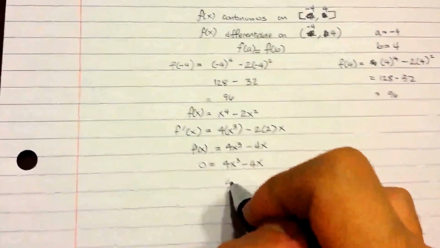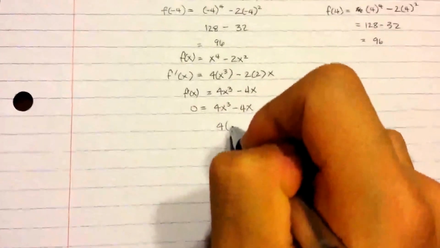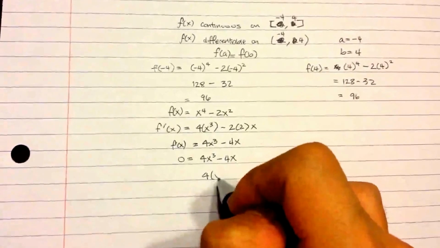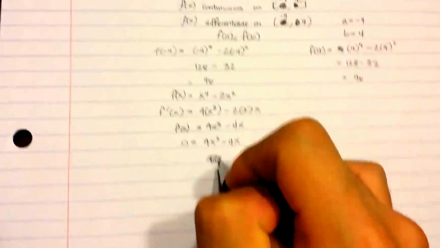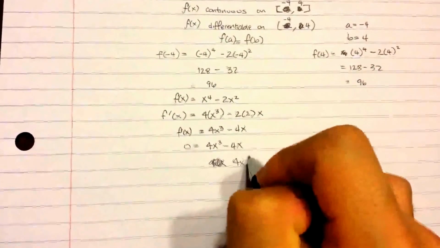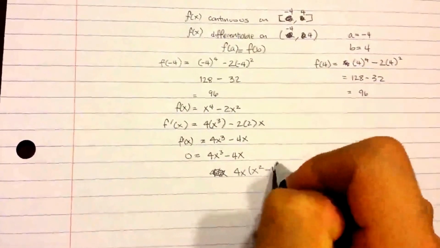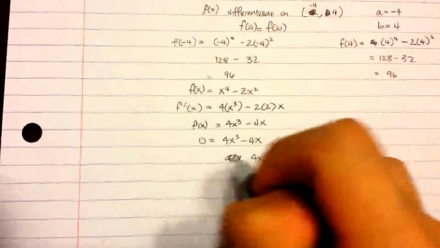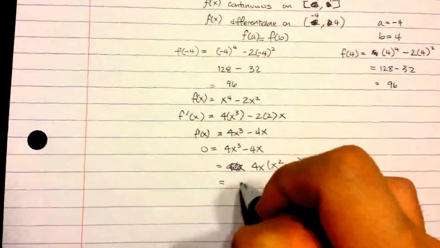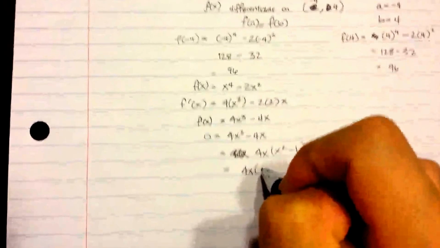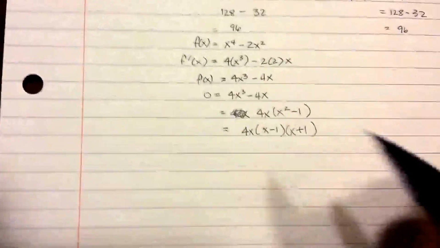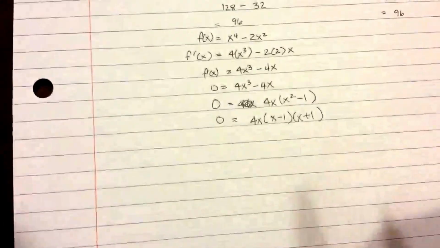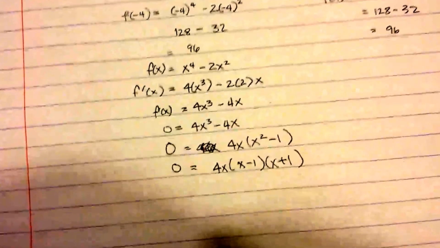Now, we can simplify this to 4x times (x squared minus 1). Now we can simplify this even further by doing (x minus 1) times (x plus 1), which is all equal to 0, of course, because we're trying to find the zeros of this, pretty much.